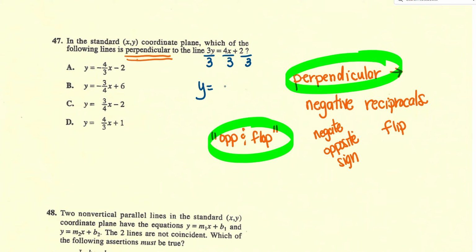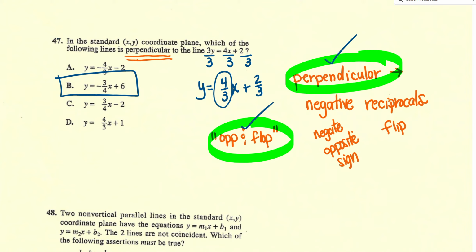So I have y equals 4/3 x plus 2/3. But what I'm really interested in is that slope. His slope is 4/3. And if I'm perpendicular, my slope is going to be the opposite, so negative, and tump him over, flip that, so 4/3 becomes 3/4, and my answer is B. So if you know that little piece of information, this question 47 is not so bad.